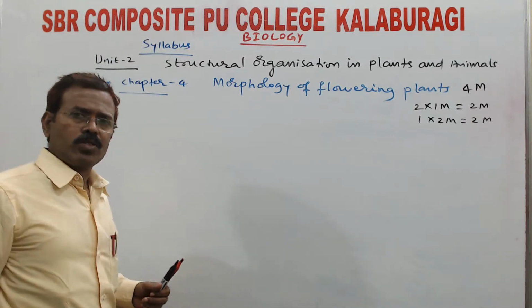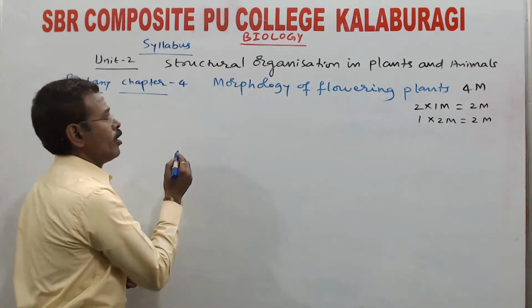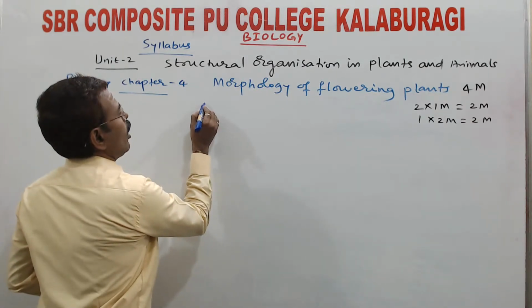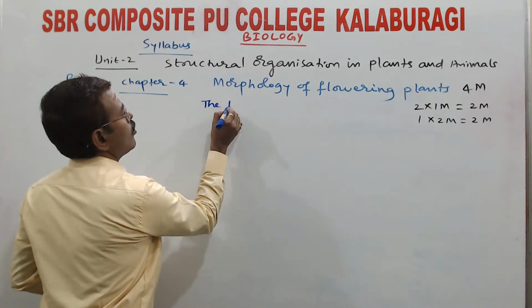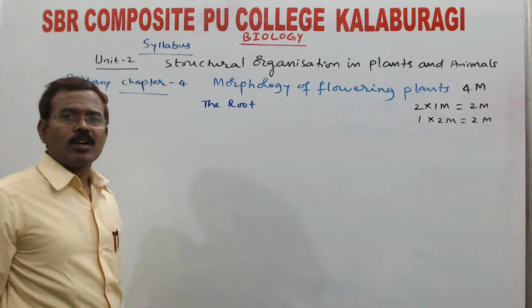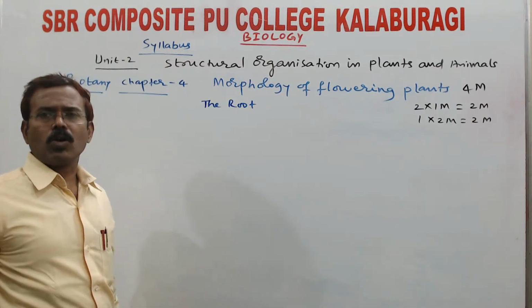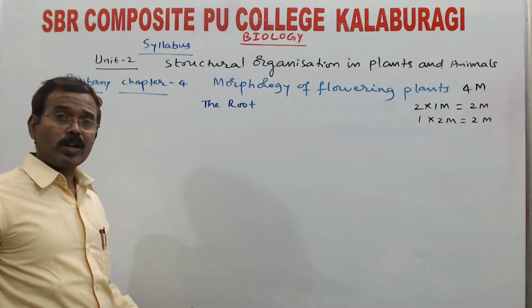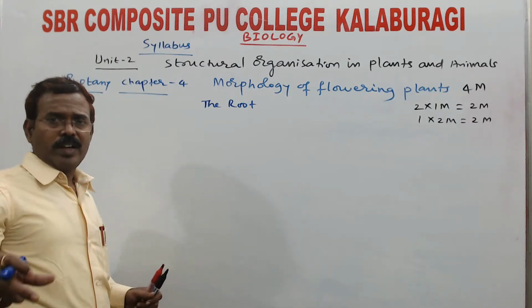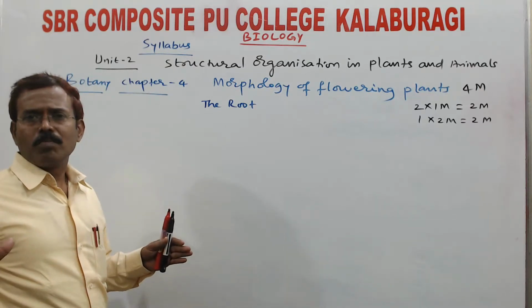This chapter includes various concepts. It is actually a big chapter. So here, first we have an introductory part. After that, we have to learn the various parts of a typical dicotyledonous plant. So in the introductory part, we learn about the plant parts.